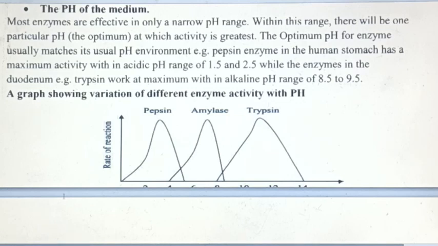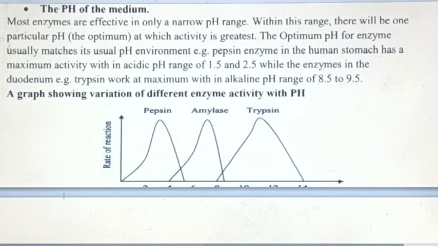So if you have a reaction where you are breaking down proteins into peptides by pepsin, and you change the pH by addition of an alkali, you will lower the rate of reaction. Because the pH will have been changed, it will distort the working action of the enzymes.